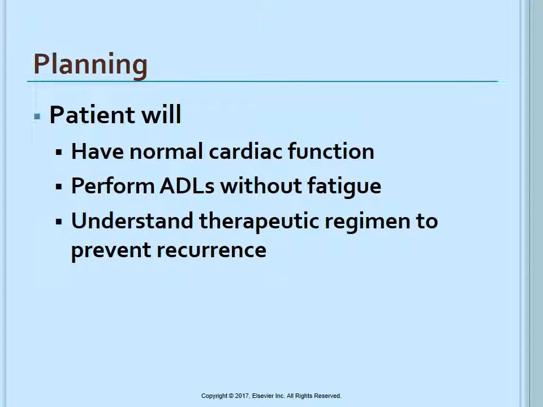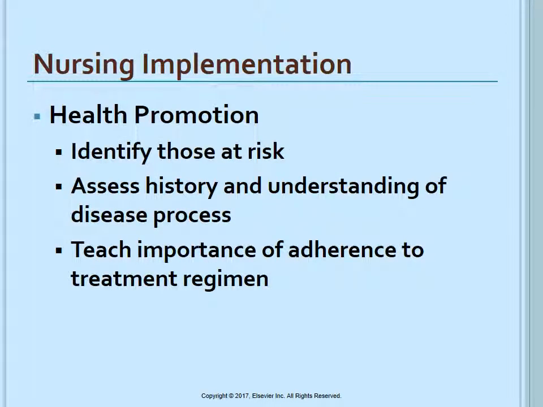The overall goals for the patient with IE include normal or baseline cardiac function, performance of activities of daily living without fatigue, and knowledge of the therapeutic regimen to prevent recurrence of the endocarditis. The incidence of IE can be decreased by identifying individuals who are at risk for the development of IE.